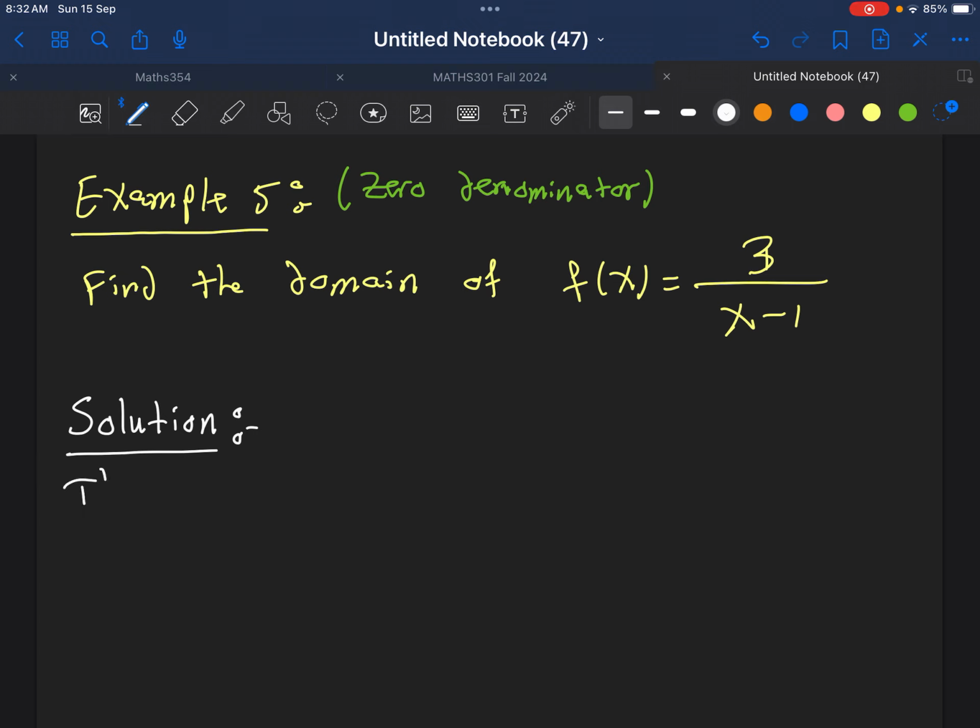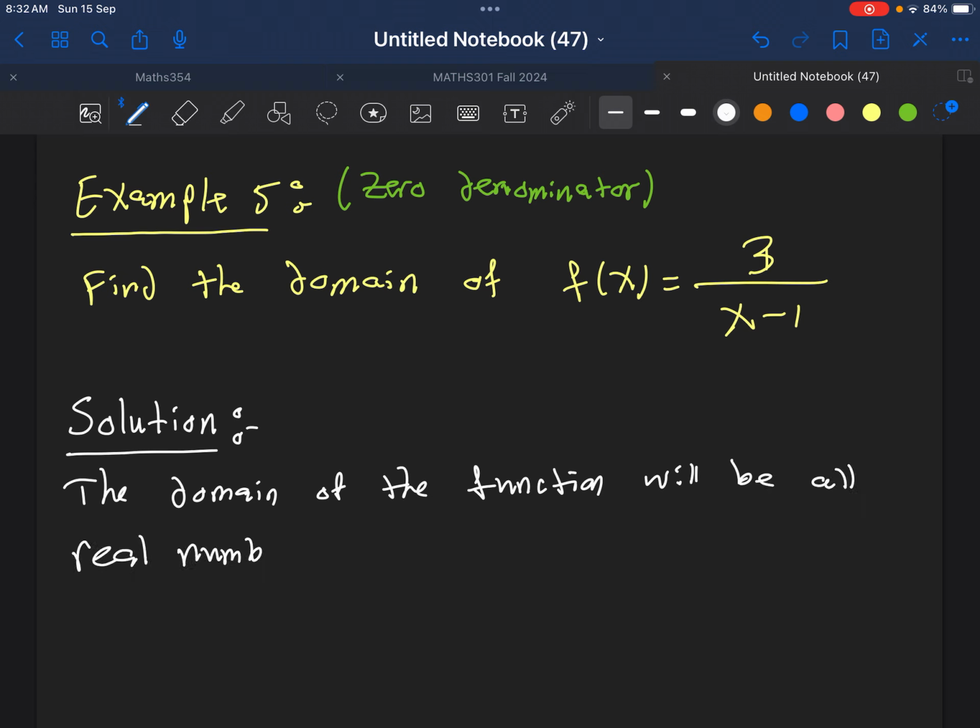So in this equation, the domain of the function will be all real numbers, everything is fine, except if the denominator is 0.